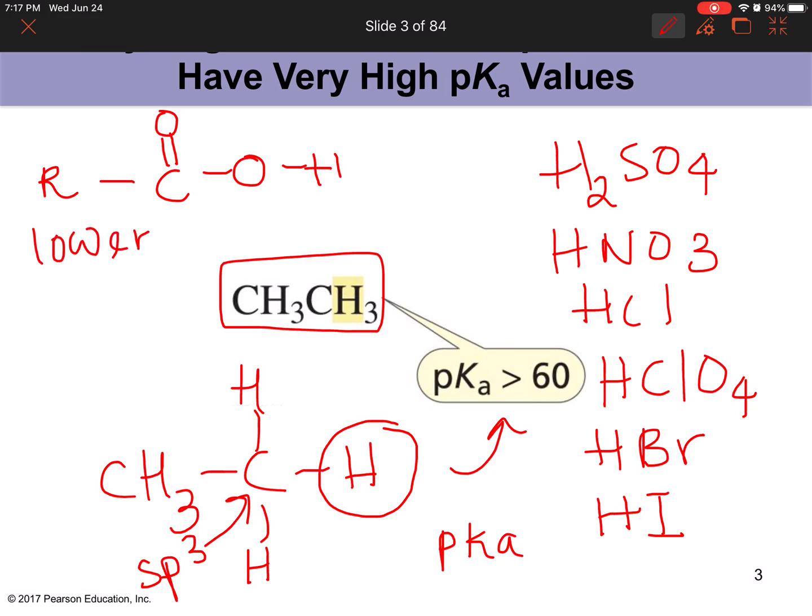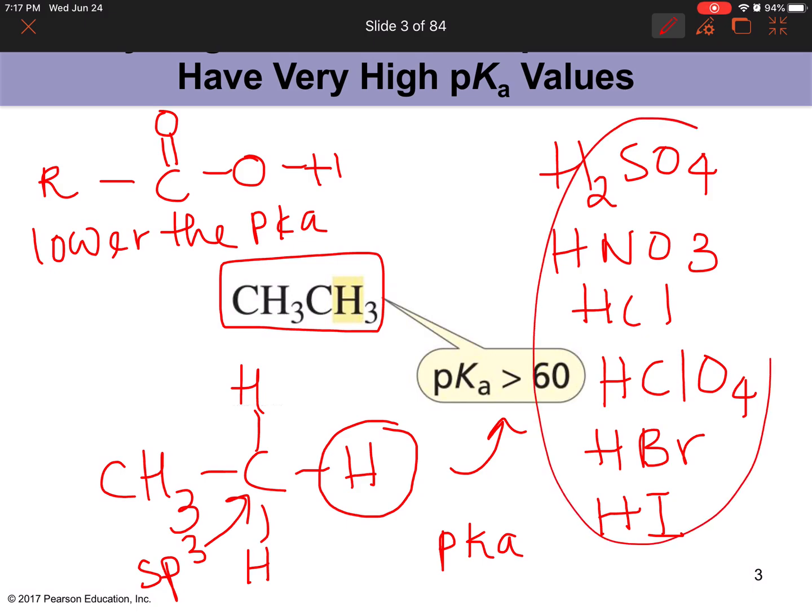Basically, if you have a series of weak acids, the lower the pKa, the stronger the acid. They are never going to be as strong as those strong acids, but if you are comparing weak acids, the lower the pKa, the higher the acid strength. Okay, the stronger the acid. And let's say you have a higher pKa.